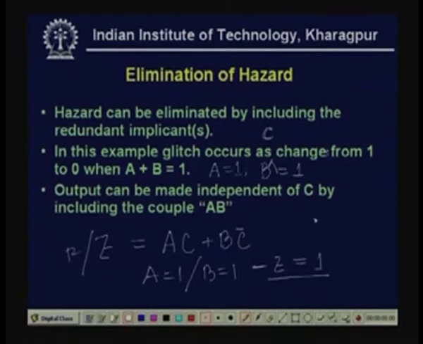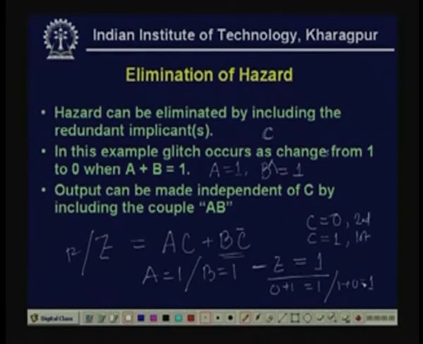That means, see the type of function, if C equal to 0, then the second term is 1. If C equal to 1, then the first term is 1, and as it is an OR function, 0 plus 1 is 1 or 1 plus 0 is 1.